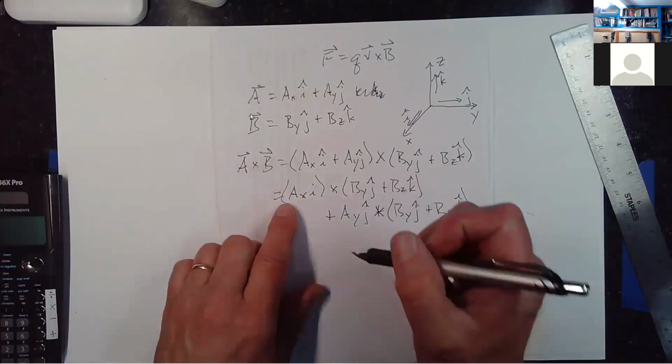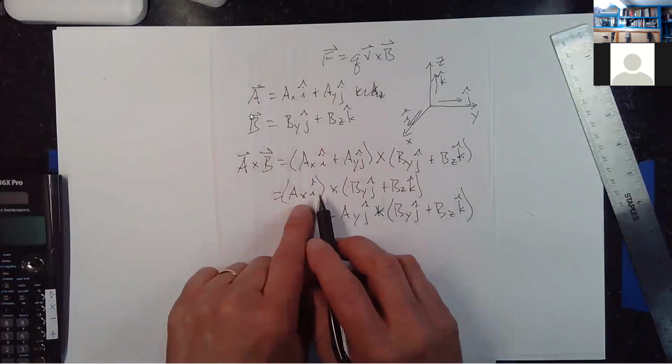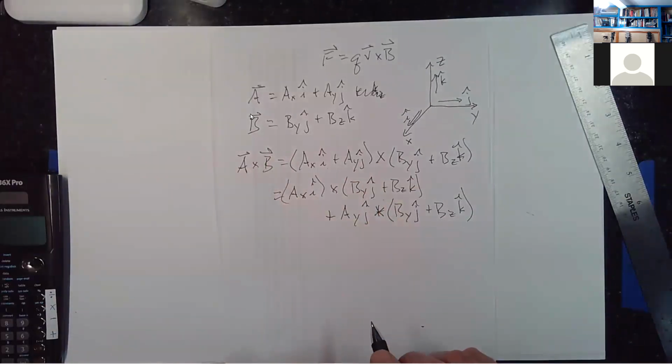I'll have AX along I hat crossed with this plus AX along I hat crossed with this.